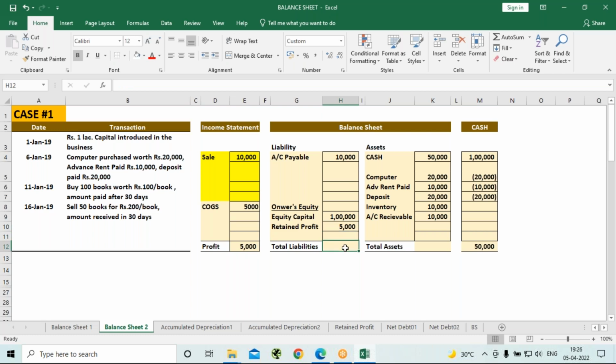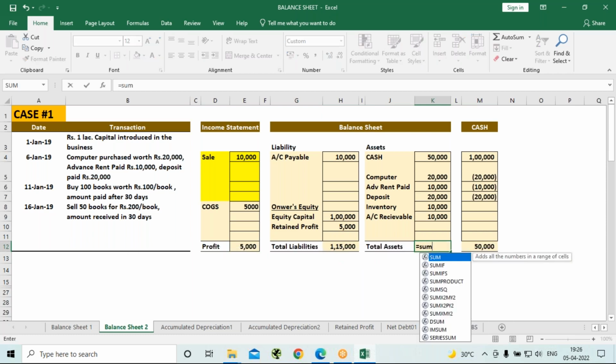So now let's see, total liabilities and capital should equal the sum of all the assets.